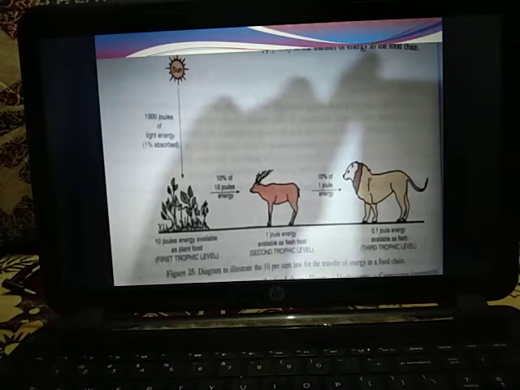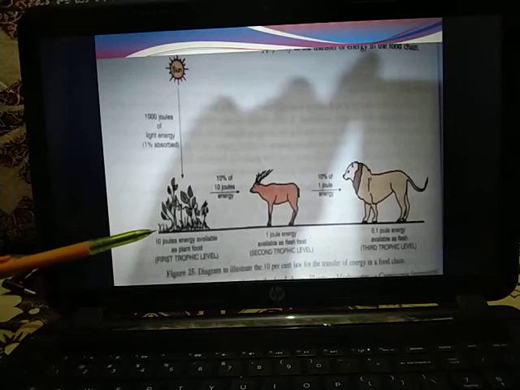Now what is the 10% law? The 10% law of energy flow: the energy available at any trophic level in a food chain is 10% of the previous one. Let's take that only 1% of the solar radiation is absorbed and it has 10 joule of energy.